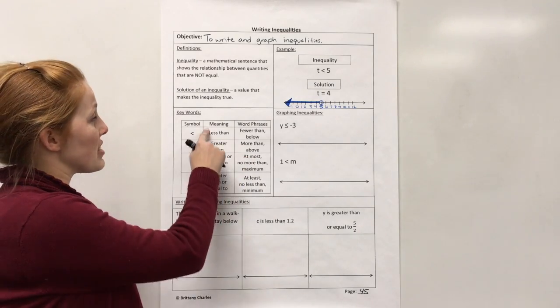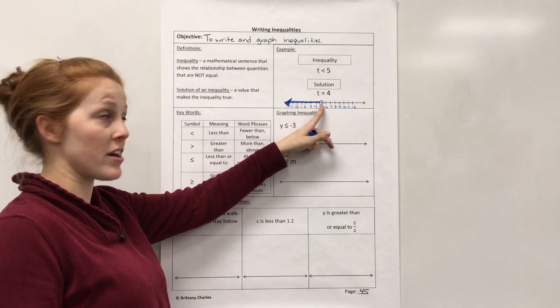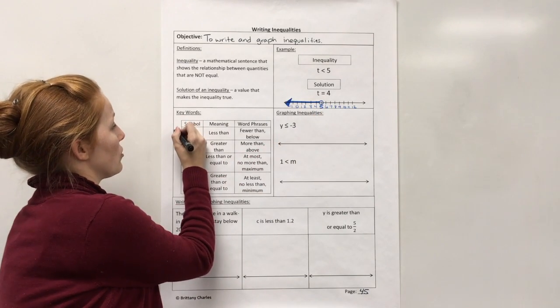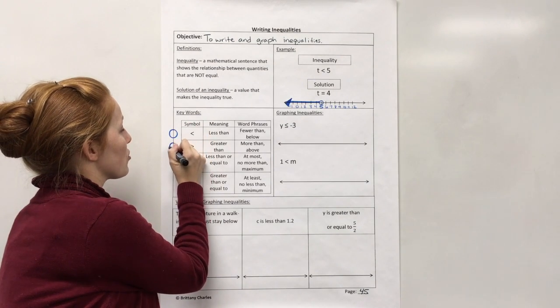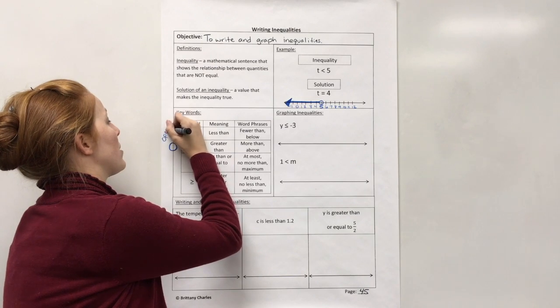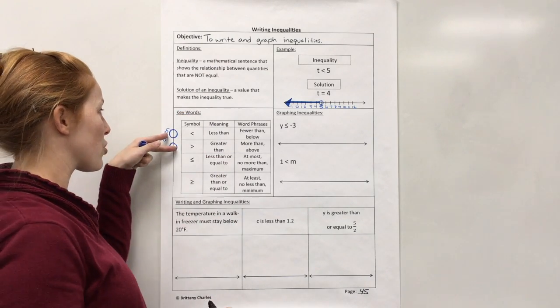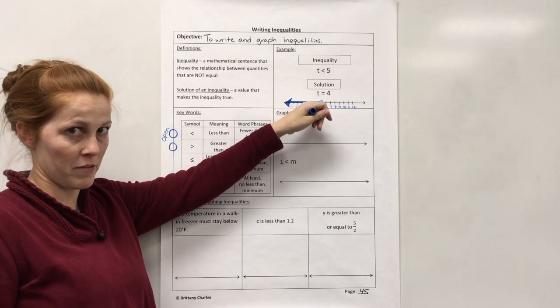For both of these, because they don't include the number that's less than or greater than, we have an open circle. So we're going to put an open circle like this and an open circle right here. And let's label that open. When you have open circles, it doesn't include the value that it's laying on top of.